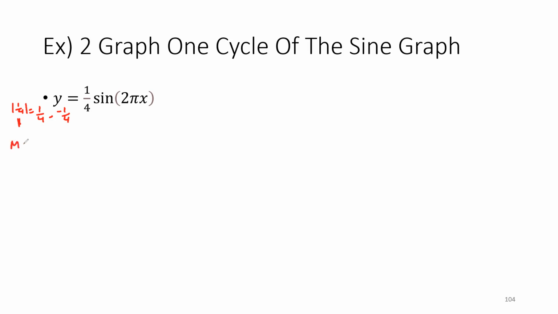So that means your max is 1/4. Since we're gonna have to write it, it's gonna be 0.25. Your min is -1/4, which is -0.25.